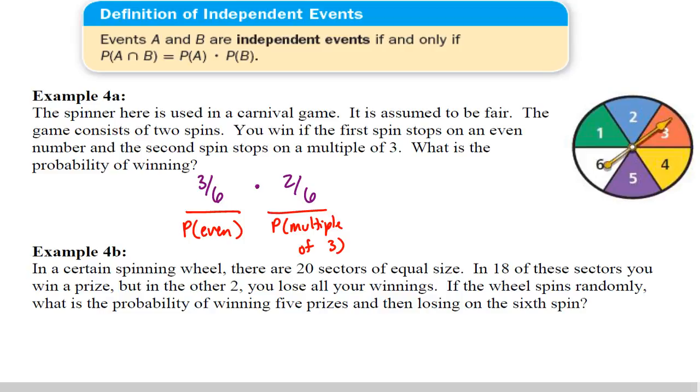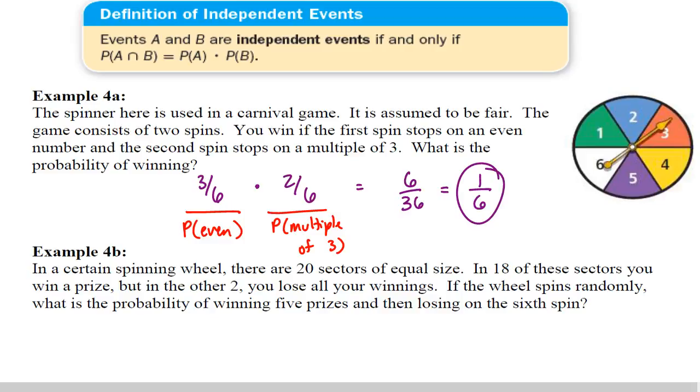Multiples of 3 are 3, 6, 9, 12, and so on, so numbers that 3 divides into evenly are multiples of 3. There are only 2 multiples of 3 on that spinner out of 6 outcomes. Technically it'd be a lot easier to multiply these if we reduced them first, but since these are small enough numbers to work with, let's just multiply these together. We get 6 over 36, which reduces to 1/6. Always reduce your fractions.